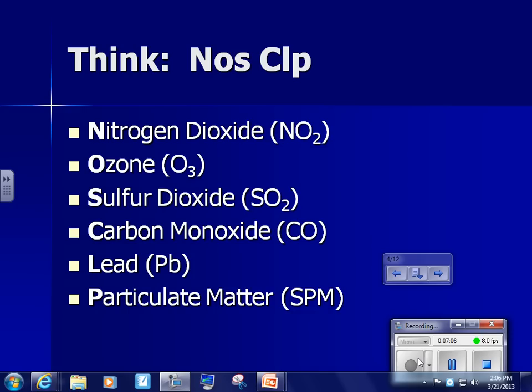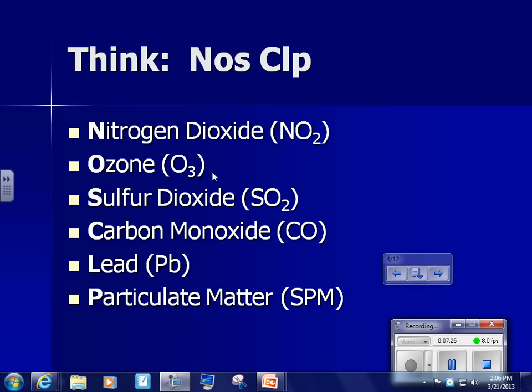Nitrogen dioxide as well reduces visibility and can damage vegetation. Moving on, nitrogen dioxide again was a primary pollutant, while ozone is considered a secondary pollutant because it's the result of photochemical reactions in our troposphere.